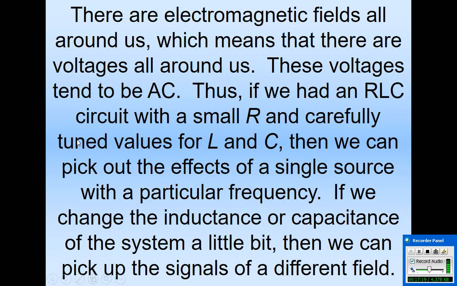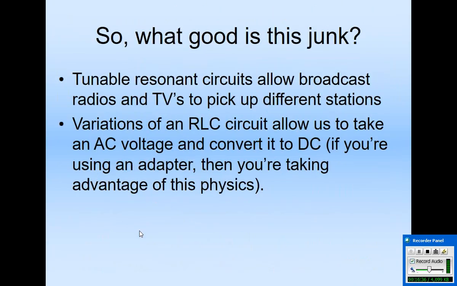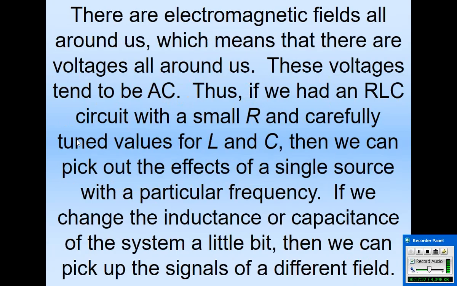Now, the tunable radio relies on the fact that even right now you are surrounded by electric and magnetic field oscillations. These are called radio waves, as we'll see a little bit later this semester, but they are all around you.